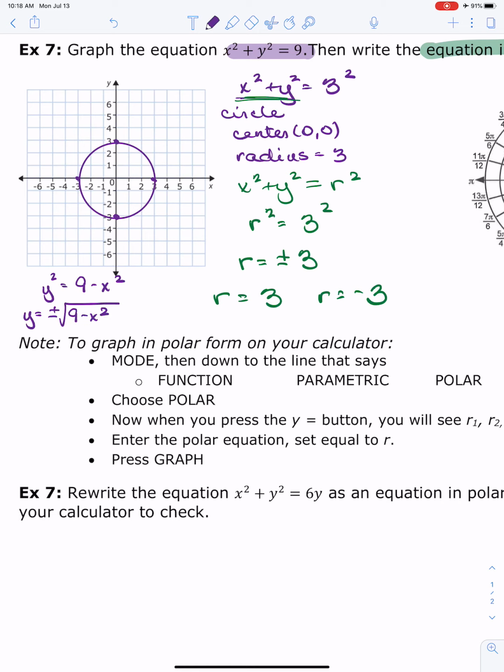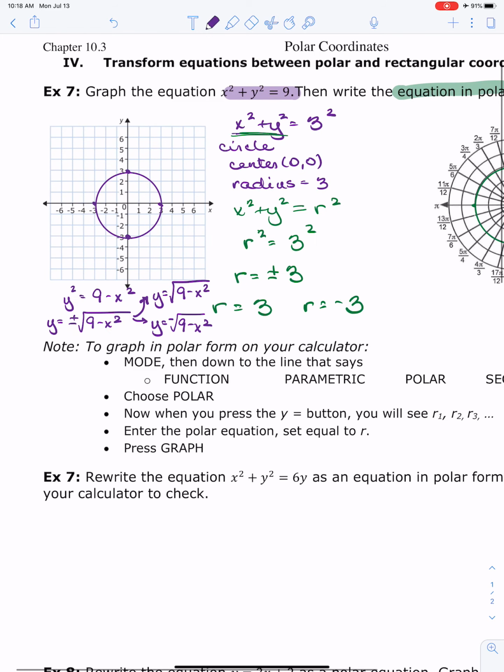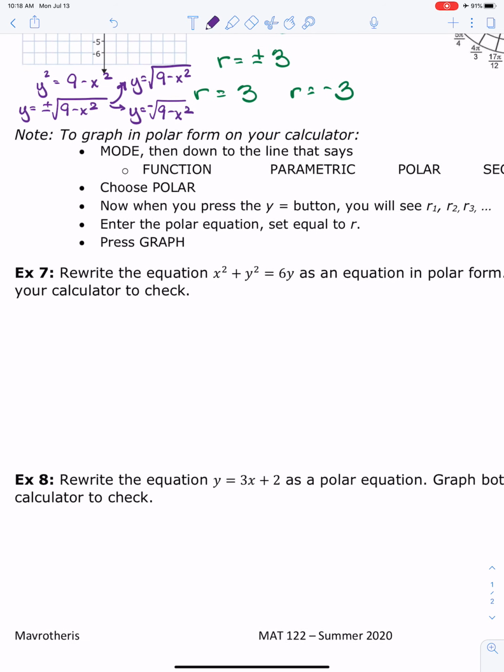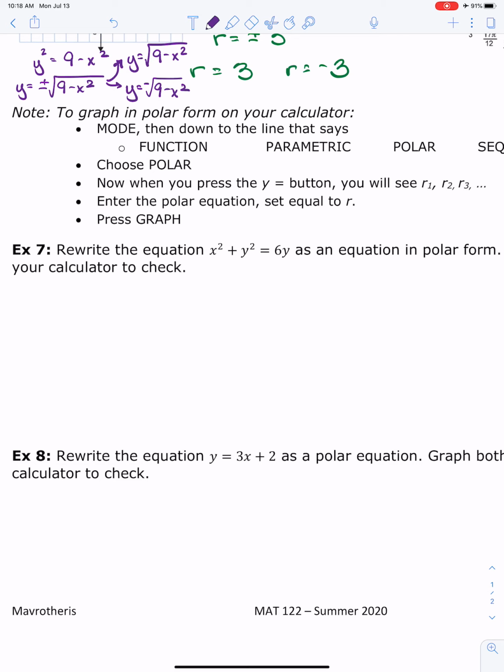So to graph this on the graphing calculator, I'd have to graph y equals the positive square root of 9 minus x squared and y equals the negative square root of 9 minus x squared to get both halves. Keep in mind, if you're graphing this in Desmos, Desmos doesn't have a problem with both x squared and y squared, so you're good.